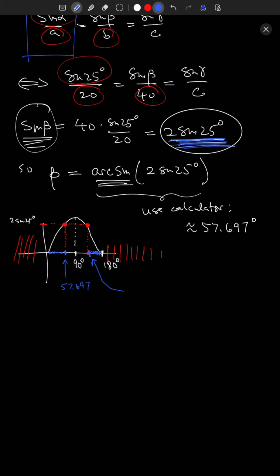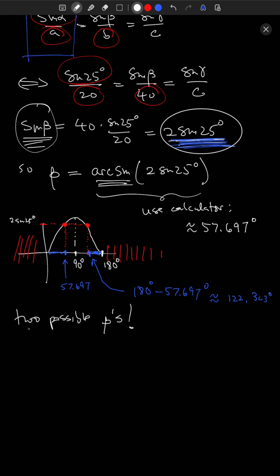So the angle that we want is 180 degrees minus 57.697 degrees. That's actually a second possibility for beta. So in this problem, there's two possibilities for beta: 57.697 and this other one, which happens to be, if I just do the subtraction, 122.303 degrees.